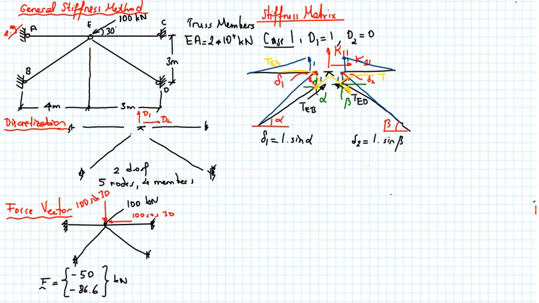This one is TED. Now first, let's calculate the magnitude of what TEB is. So TEB is equal to EA over LEB multiplied by the amount of elongation, which is equal to sine alpha.